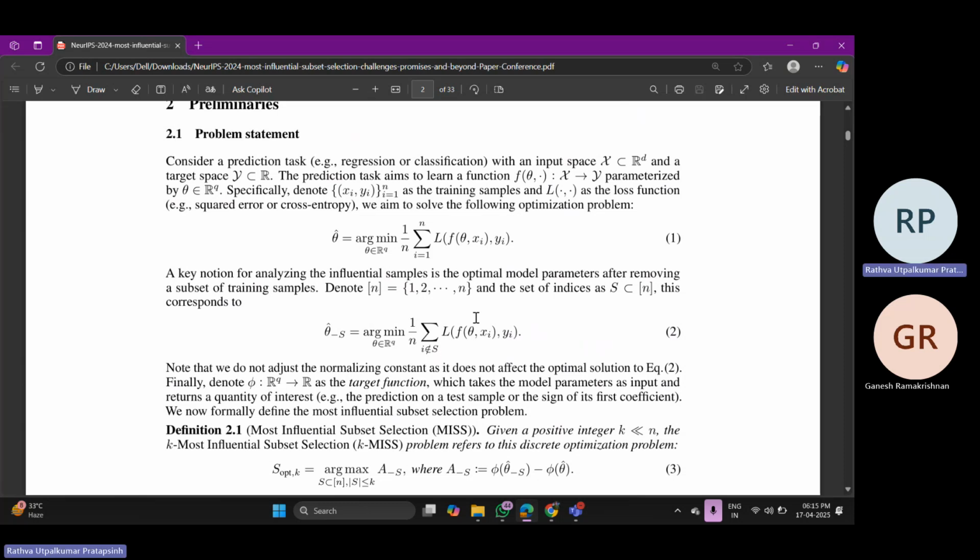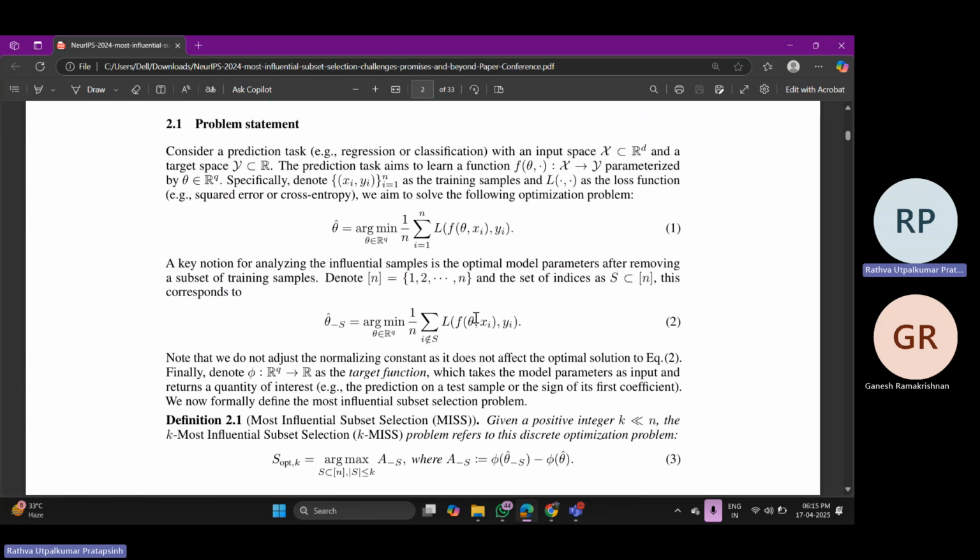The quadratic function is approximating what? The phi of theta minus S minus phi of theta, is it right? Yeah. Where is the approximation talked about in this paper? Please go down.